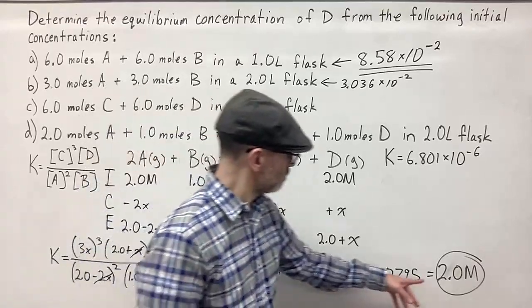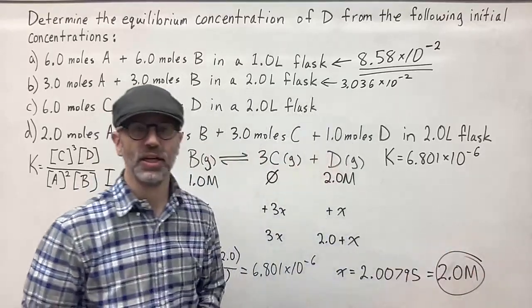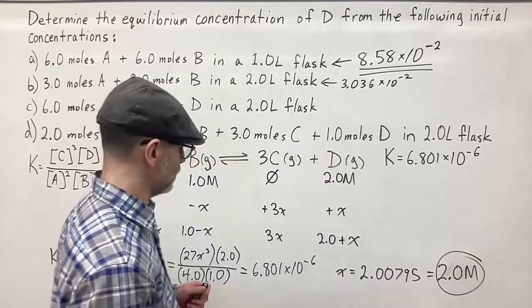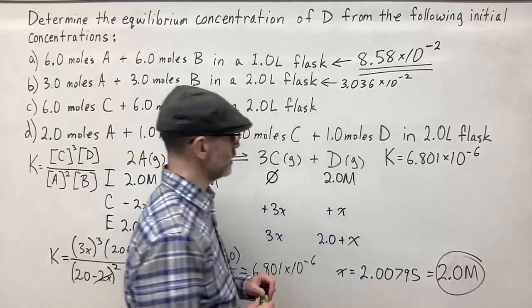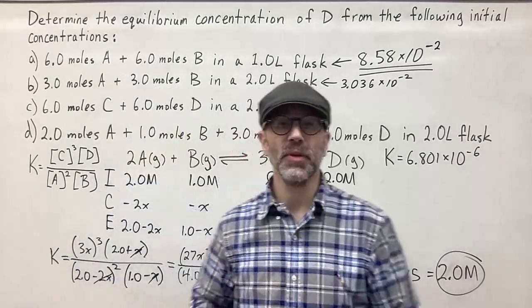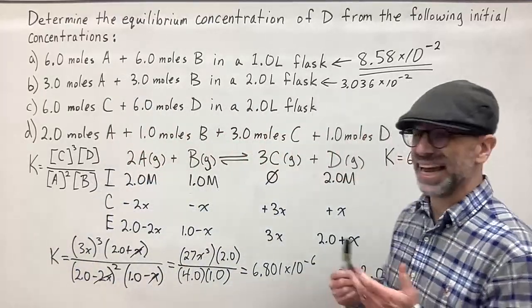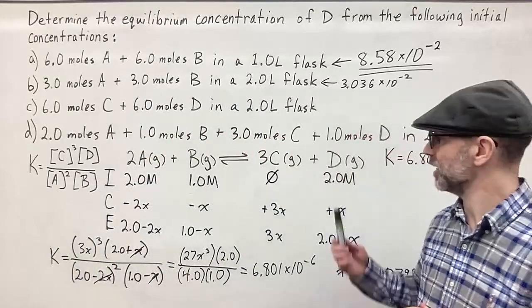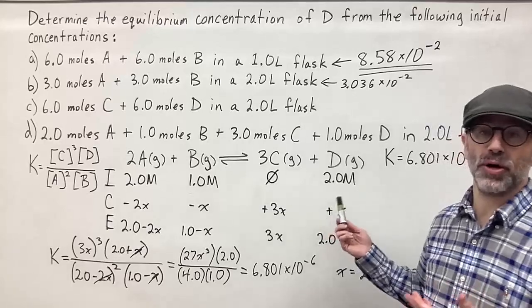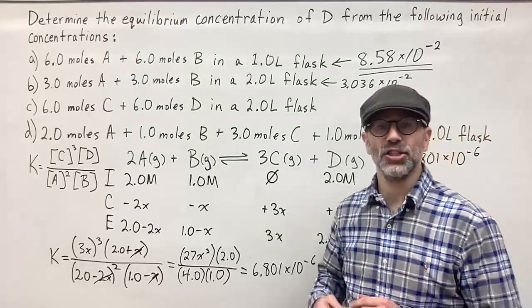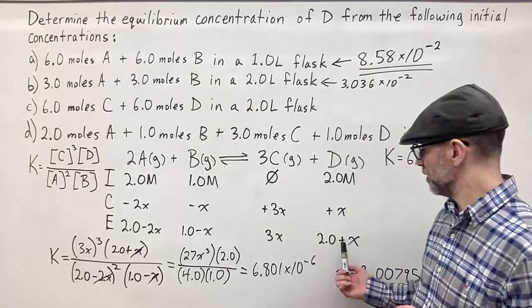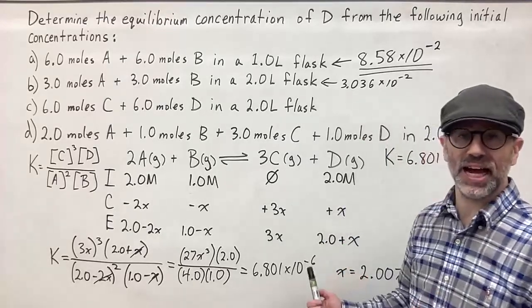So here is the concentration. So next, and by the way, you could have guessed that the concentration of D was going to be 2.0 based on what I had said just a moment ago, because we said that x was going to be negligible.